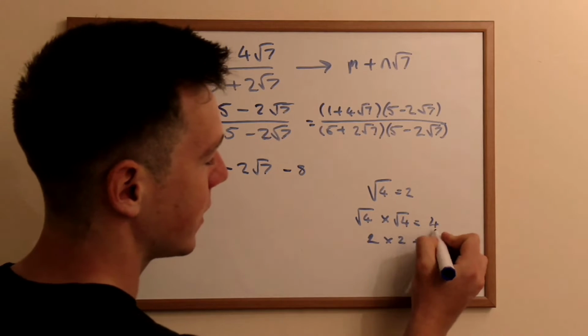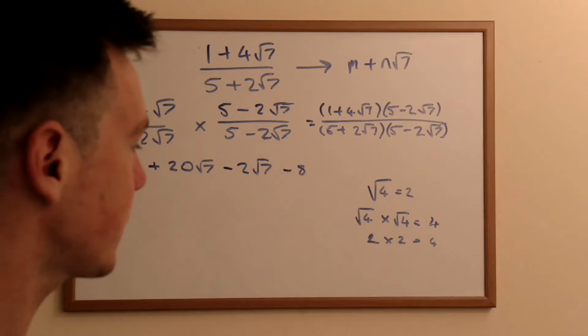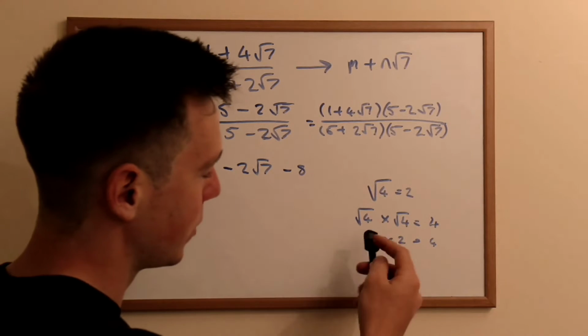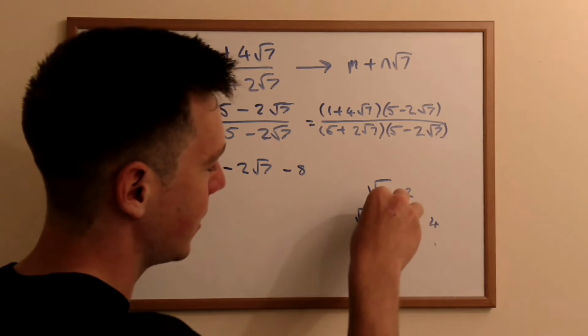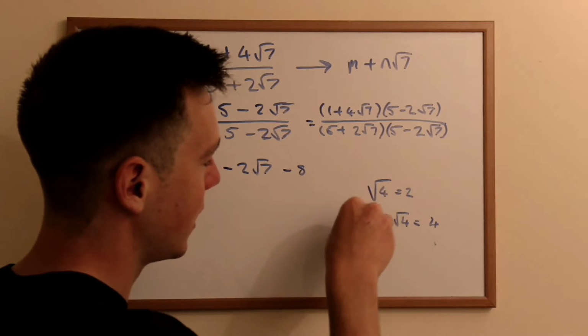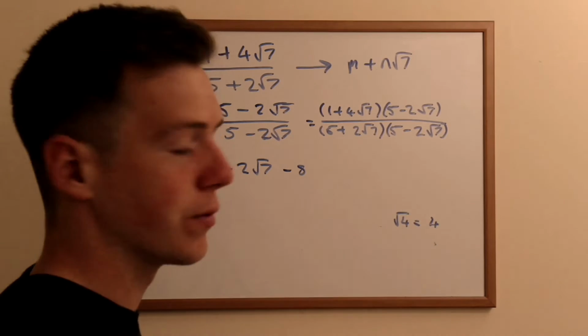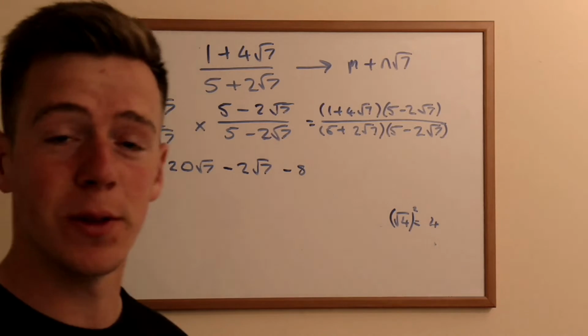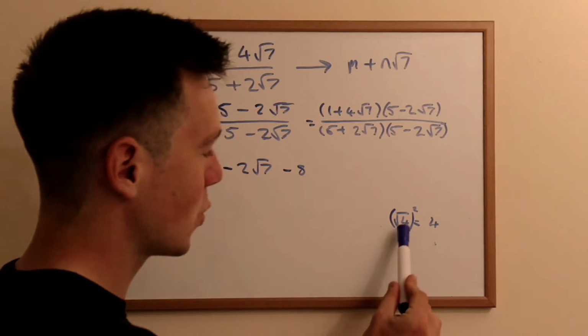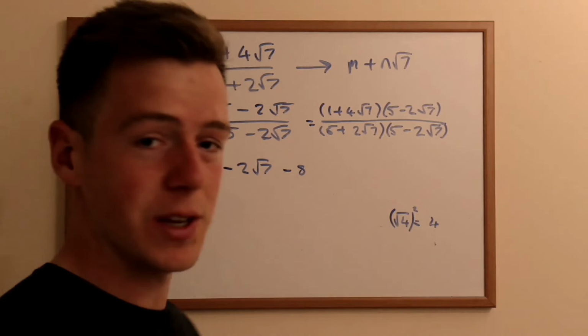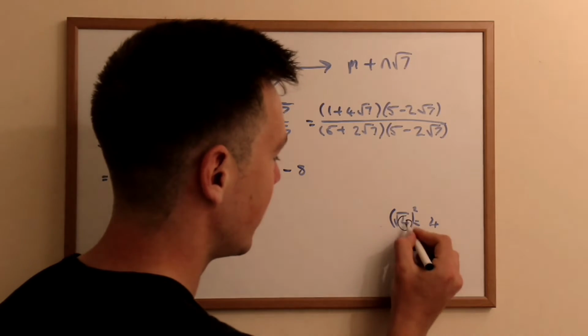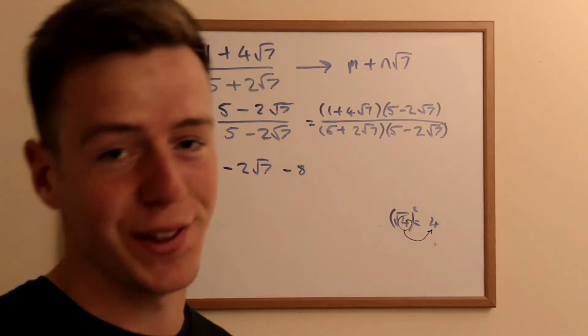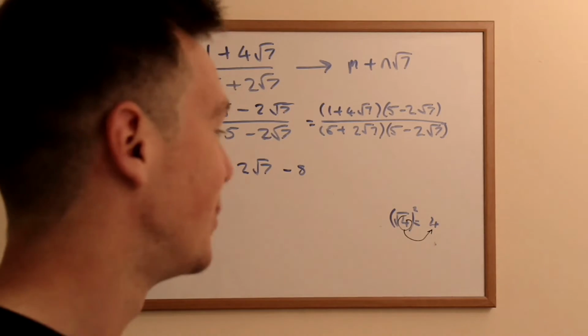So therefore this has the same answer. Now, root 4 times root 4 is the same as writing root 4 squared. So the basic rule is, if you square a root, you just extract the number inside, and that's the answer. It's really that simple.